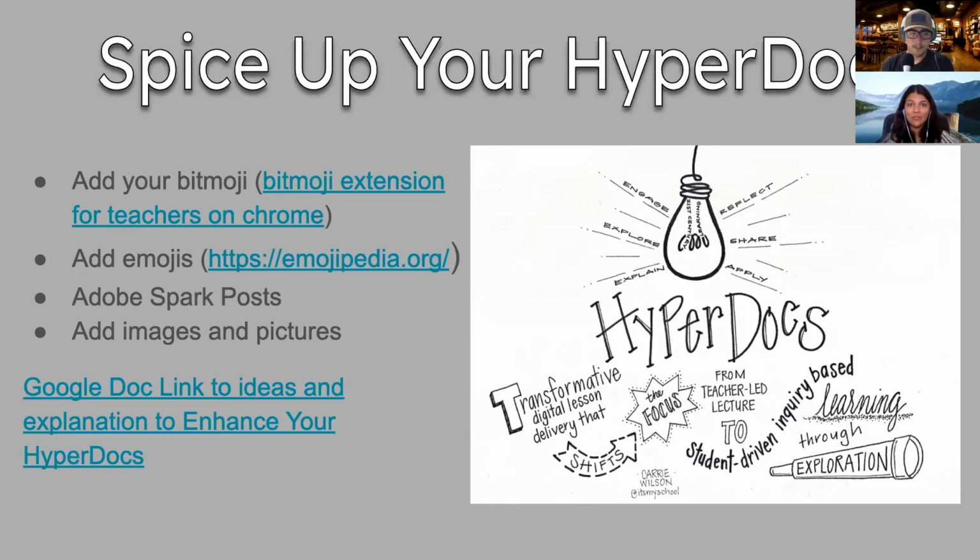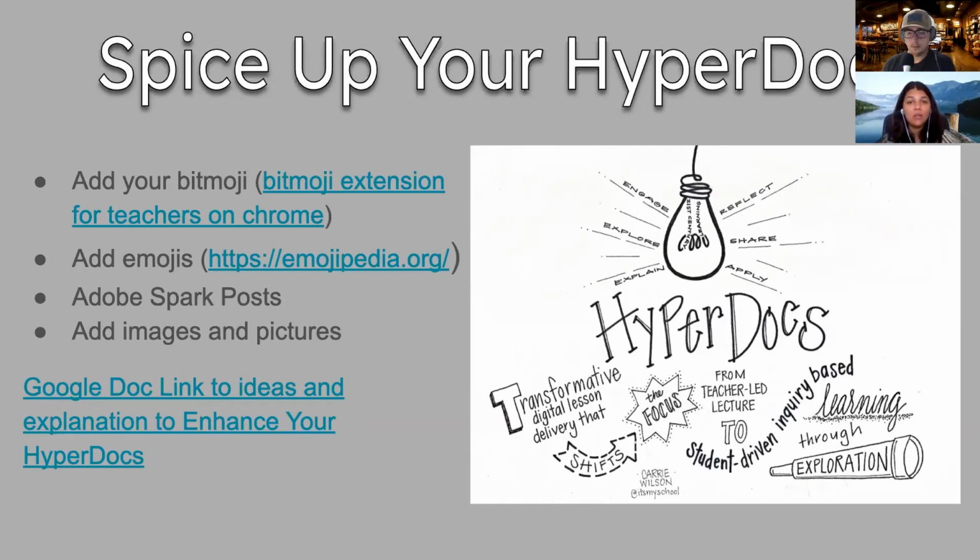Your students are going to be blown away by the artistic ability that you have by creating that Adobe Spark post. Add images, add pictures, and then there's a Google Doc that's linked here that has explanations of different ways. So, okay, how could I use an emoji? How could I use a Bitmoji? What is Adobe Spark Post all about?